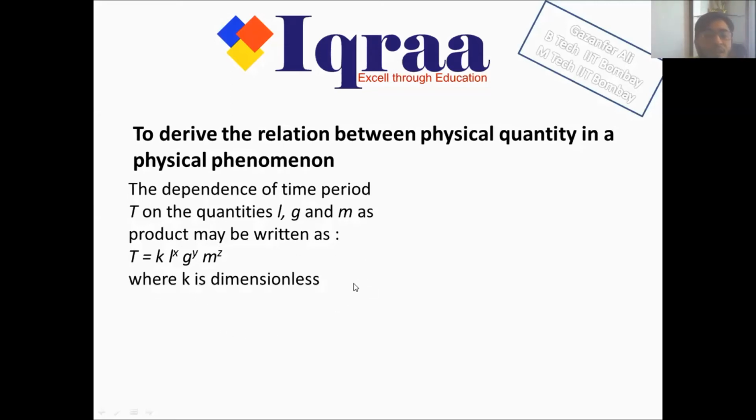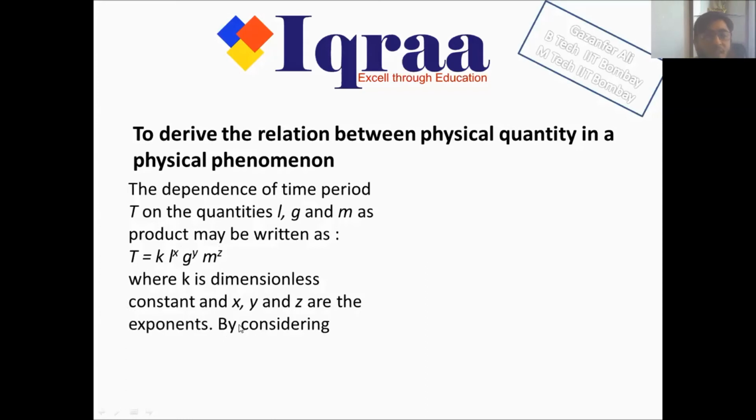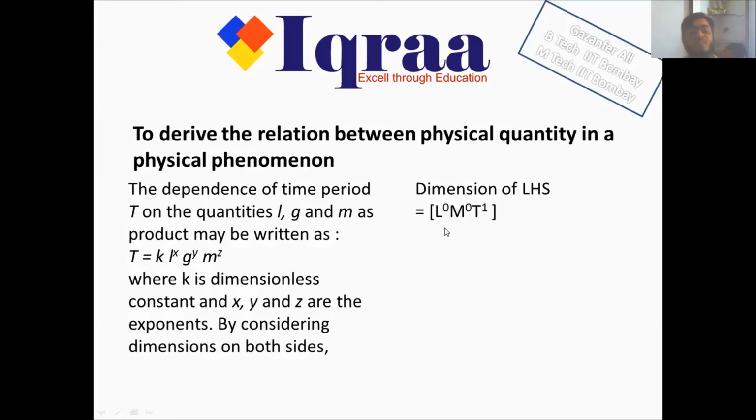So where k is a dimensionless constant, x, y, z are the exponents, and by considering the dimensions of both the sides, the dimension of the left hand side is t, time, so it has a dimension of 1 in t. We don't have mass and length on the left hand side, so we can say that in mass and length the dimensions are 0. So the dimensions of the left hand side will be L to the power 0, m to the power 0, t to the power 1.